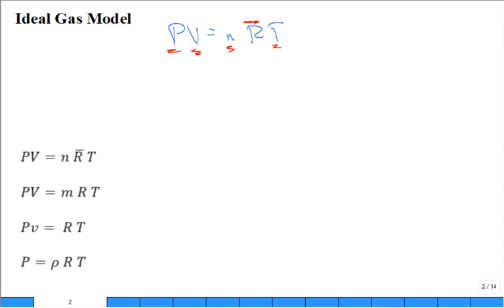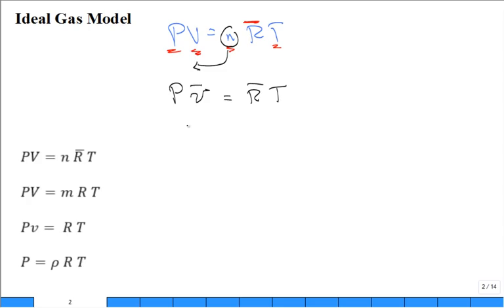Isn't that the R bar, which is the universal gas constant? And then you can write it by bringing this n over here, and you have PV over n equal to R bar T. But what is capital V divided by n? Isn't that V bar?